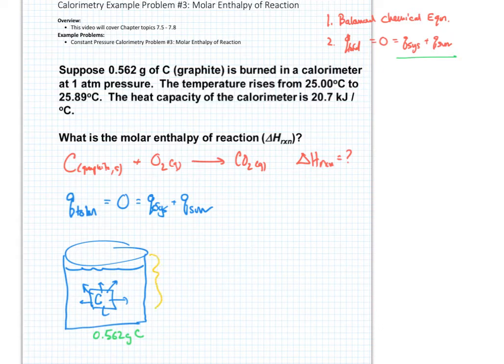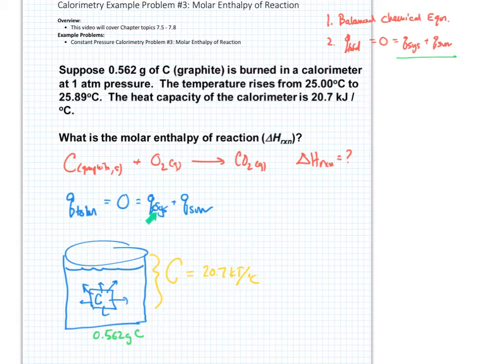So this entire calorimeter experiment, the heat capacity, that big capital C, is equal to 20.7 kilojoules per degree C. So we don't need to know how much water there is. We don't need to know how thick the walls of this thing are. All we need to know is this piece of information.